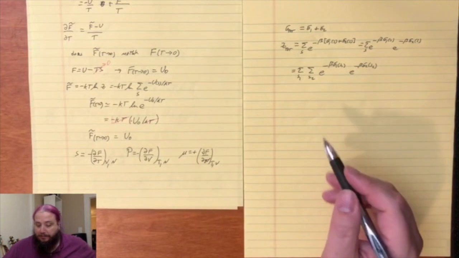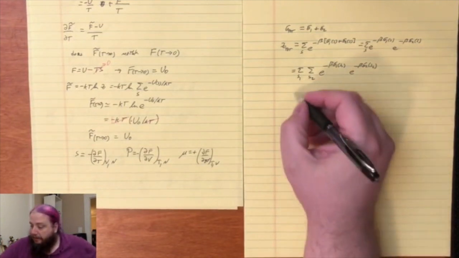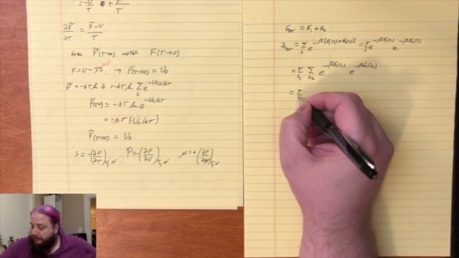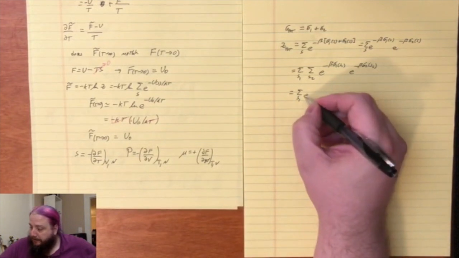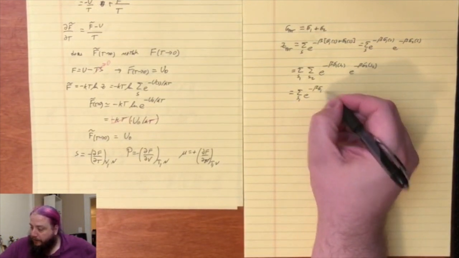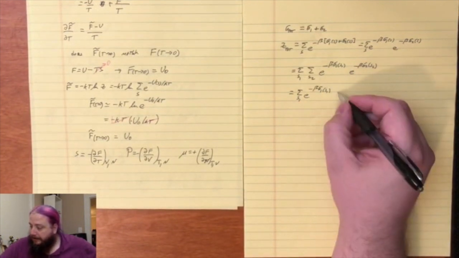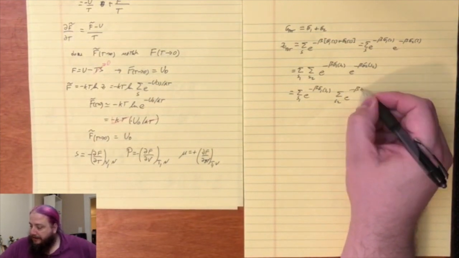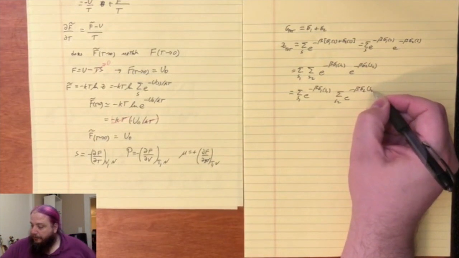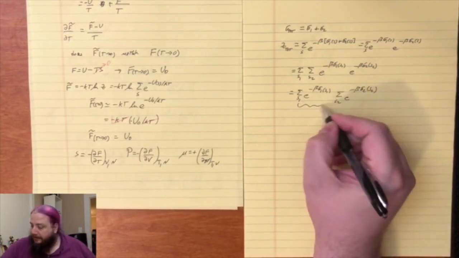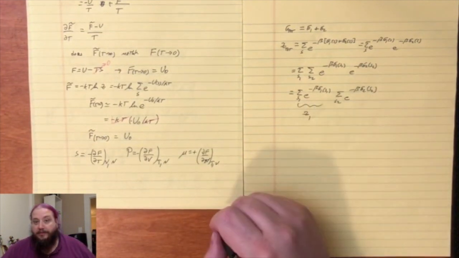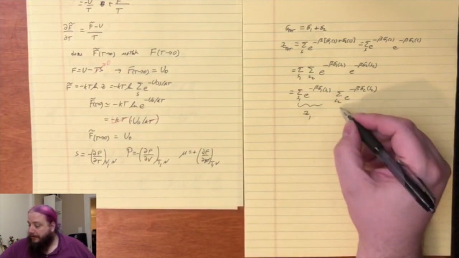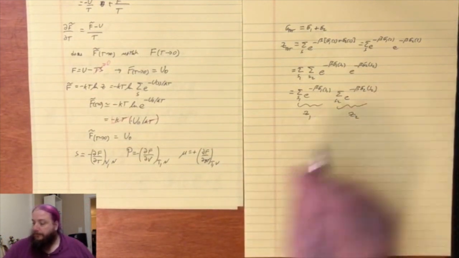And indeed, we can break these sums apart: the sum over S1 of e to the minus beta E1 of S1 and the sum over S2 of e to the minus beta E2 of S2. And this here is just Z of particle 1, and this is Z of particle 2.